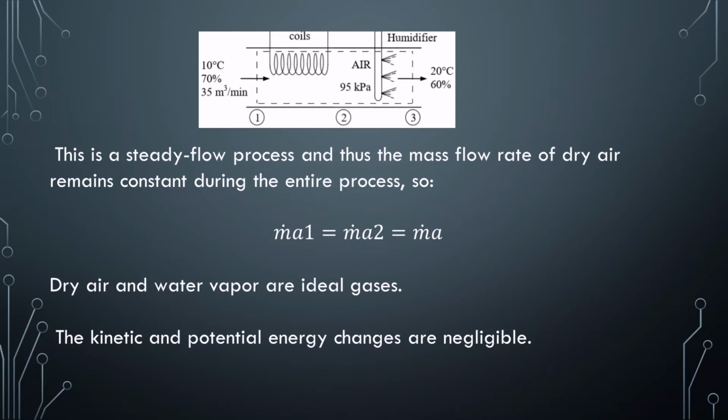This is a steady flow process, and thus the mass flow rate of dry air remains constant during the entire process. We get this equation, and remember that dry air and water vapor are ideal gases, and finally the kinetic and potential energy changes are negligible.